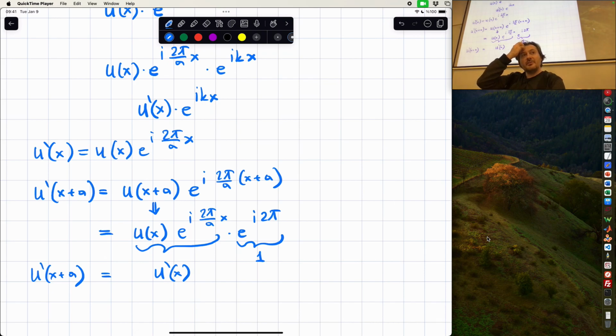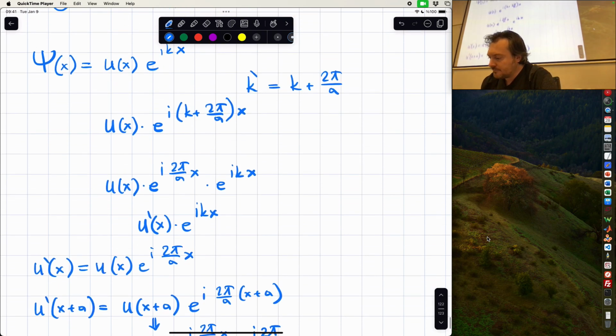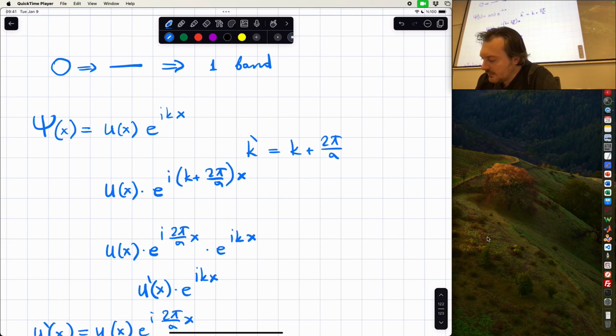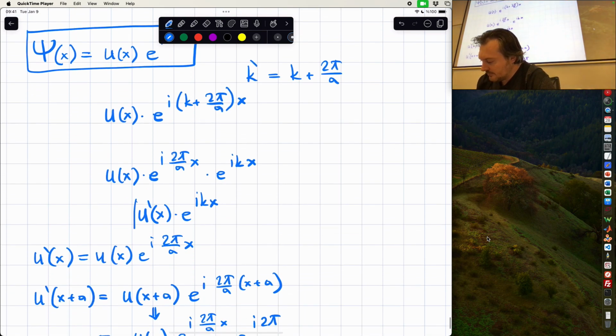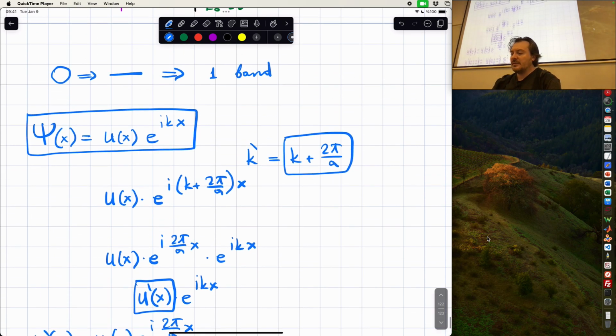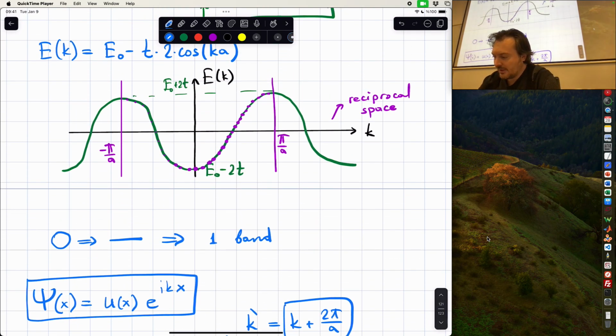So what is my message? My message is that the same wave function can be written as a different function that keeps repeating, plus k being shifted by 2 pi over a. So after doing some rigorous analysis, you can say that this reciprocal space keeps repeating itself.